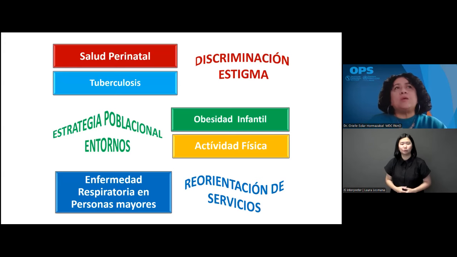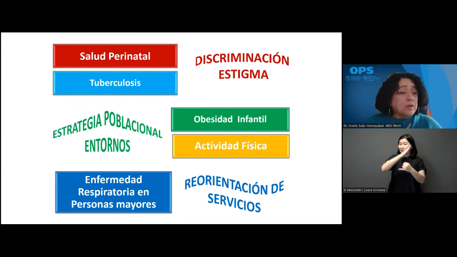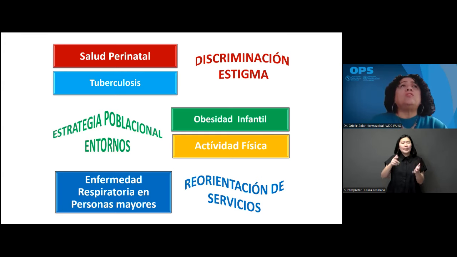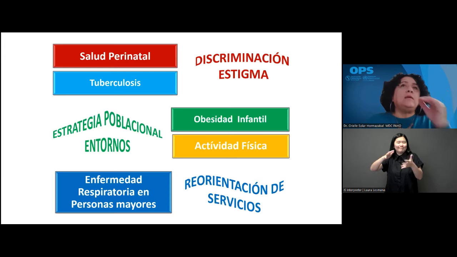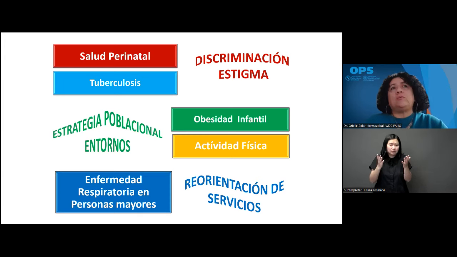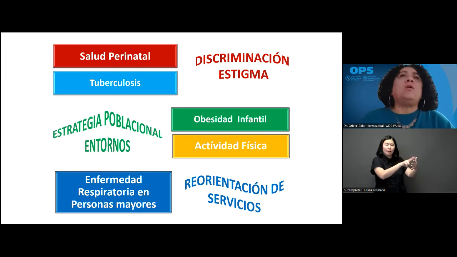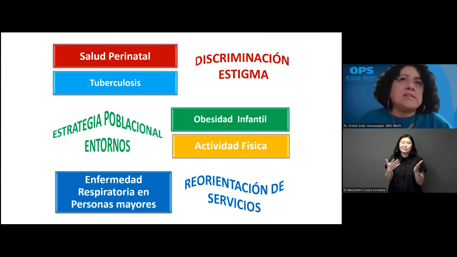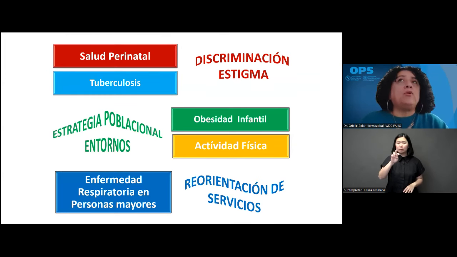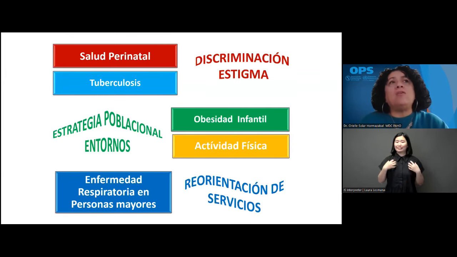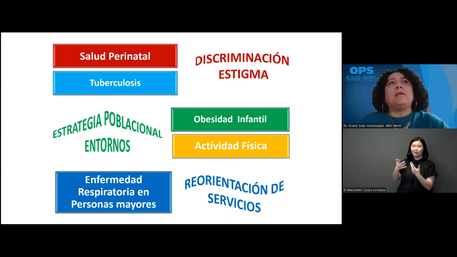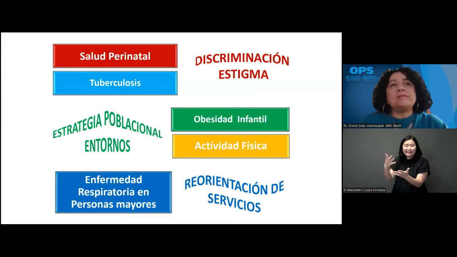And in this sense, we have some general examples. For instance, perinatal health, for instance, addiction and mothers. We did an analysis with TB, for instance, and we looked at discrimination and stigma and how this marks certain results in these programs, especially in the migration process, or how childhood obesity and physical activity, those are programs that we focused on, and we see how the population strategy was something that we needed to look at again.